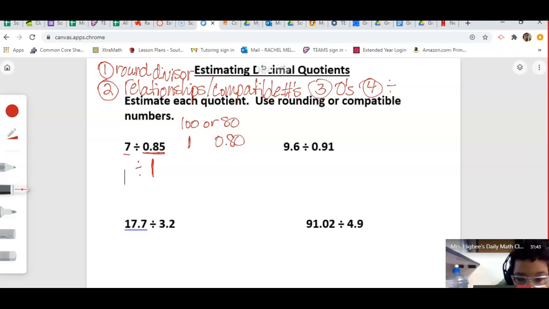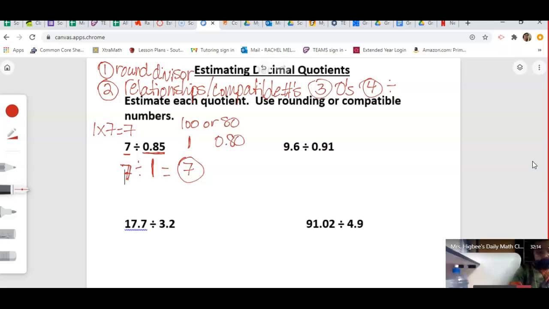Does 1 have a relationship with 7? Yes, because isn't 1 times 7 7? So that means they have a relationship. So I can keep this here. Okay, so then what is 7 divided by 1? Everybody, 7. So my estimate is 7.